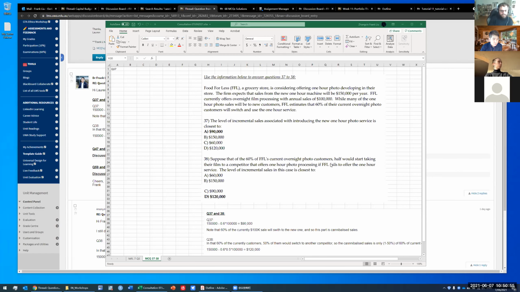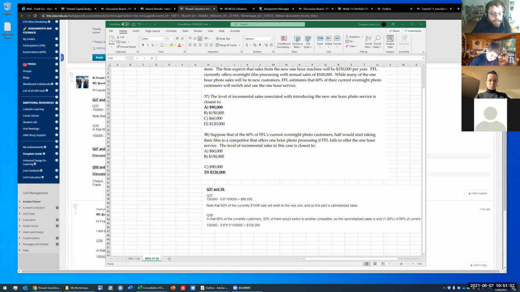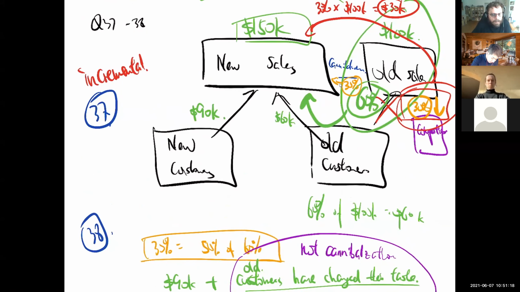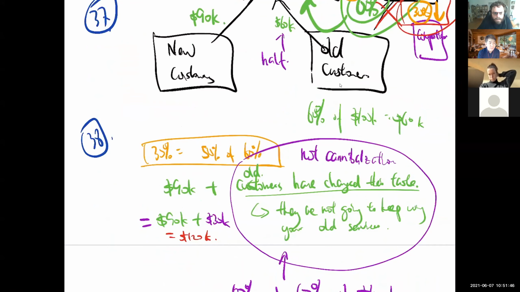So, coming back to the graph, knowing that half of the 60K will go to a competitor, that means 30 grand of the revenue will go to a competitor if you don't introduce the new service. That means the new service would capture them, right? The new service will capture this $30,000 of revenue. So that means your incremental is more than before, because you have saved your business, because they would go to competitors.